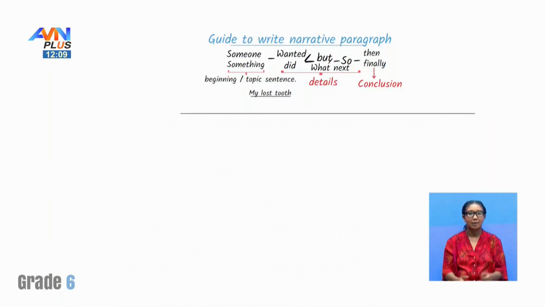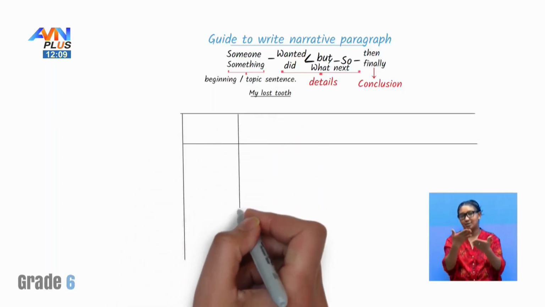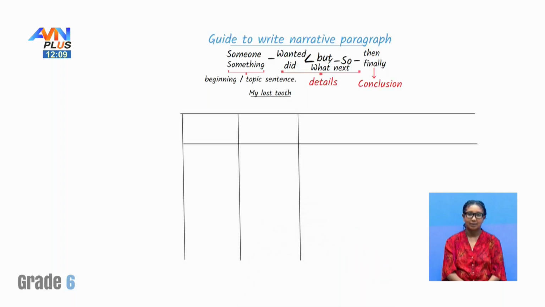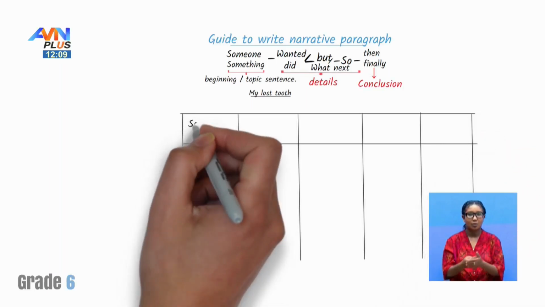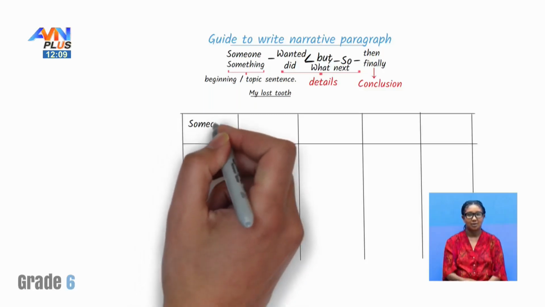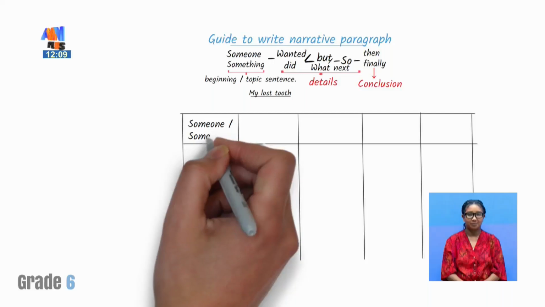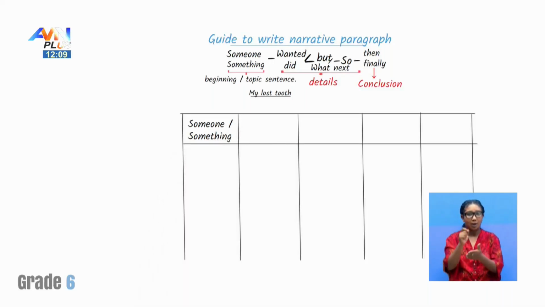The first column contains this one, someone or something, okay? All right. Then, let's go to the next column. And the next column, as you see here, it is what? Wanted or happened. What happened to someone or something? Then we write it here in this column.